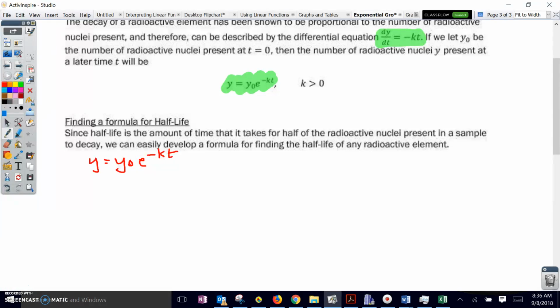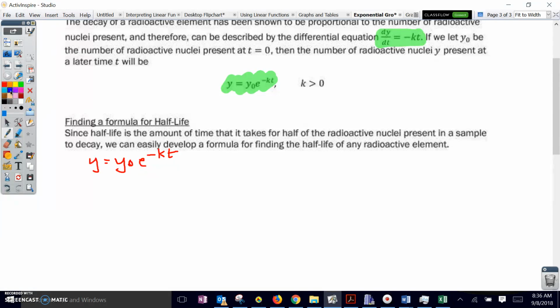And half-life is how long it takes until half of the material is remaining, or how long it takes for half of the material to decay. If half of the material has decayed, that means that the time that we're looking for is when half of it is left. And that's going to be the key to finding this formula.